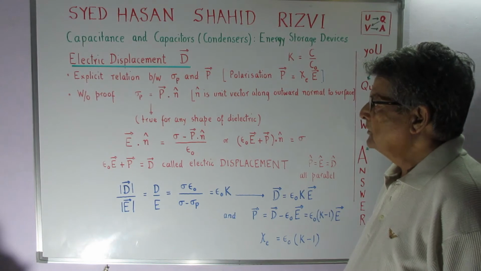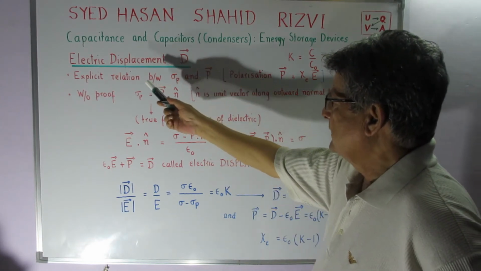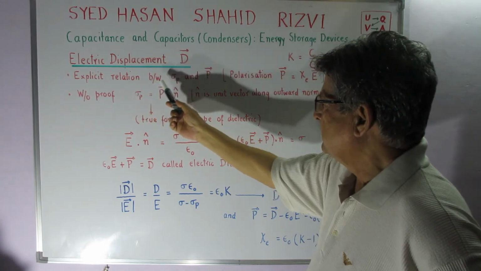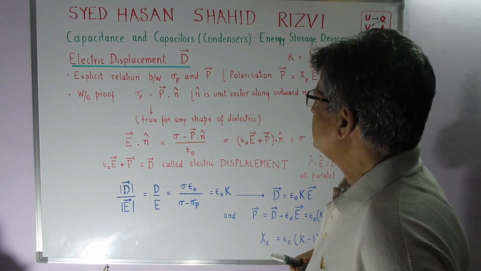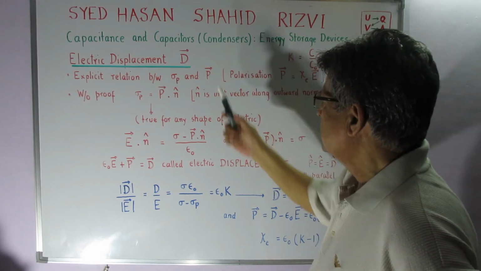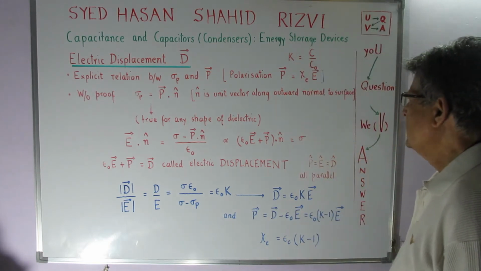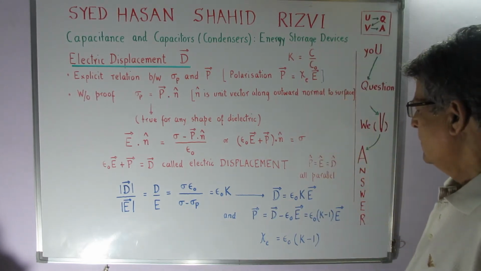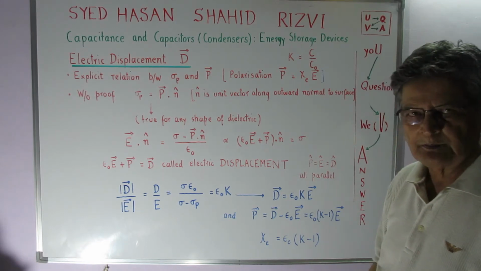Now we are going to establish an explicit relation between sigma P, the polarization charge density, and capital P, the polarization, where polarization is defined as chi E into E, where chi is the susceptibility.